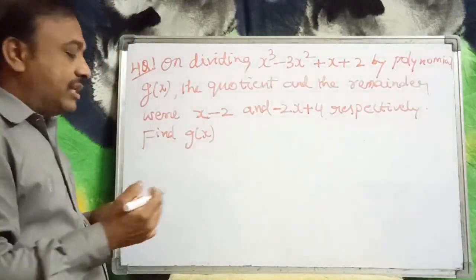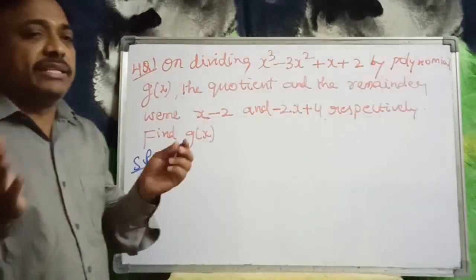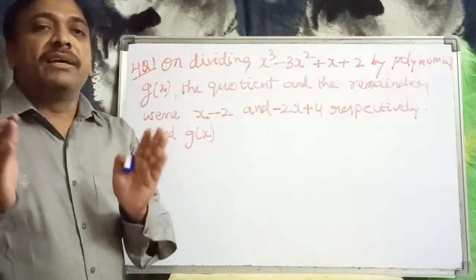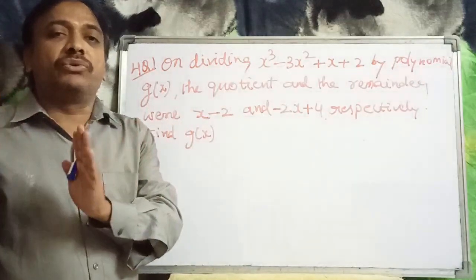So we know the general rule. Before starting the solution, the general rule is what? Dividend is equal to divisor into quotient plus remainder. Divisor into quotient plus remainder is equal to dividend.